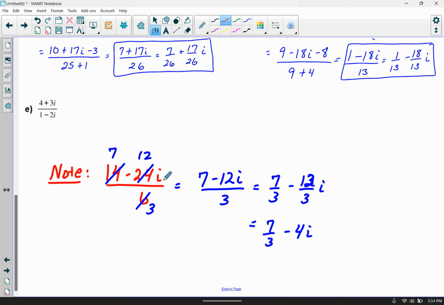And so they all had a 2 in common, so I divided them all, and I would have taken this answer, or if we separate it into the real and imaginary part, we can reduce one more time because 12 divided by 3 is 4, or that answer. Okay, so always be on the lookout for any kind of reducing, but it has to be all three from the get-go, or after you break it up, it's possible to just do one and not both.